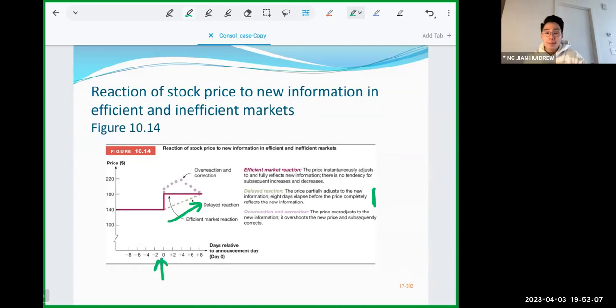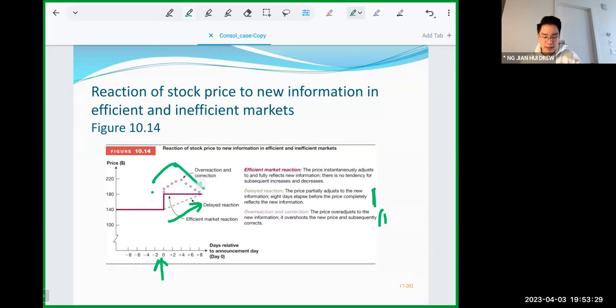Now, the market can be too excited as well. So it's an overreaction, meaning that the market thought that the information is super good, but actually it's just good. Yes, the price will increase, but it's just good. So initially the market thinks the news is super good and the price increases a lot, but at the end of the day, they realize, oh no, actually it's just normal.